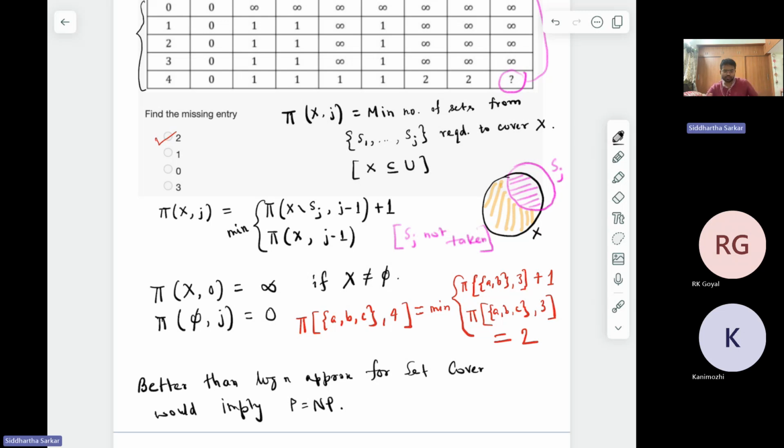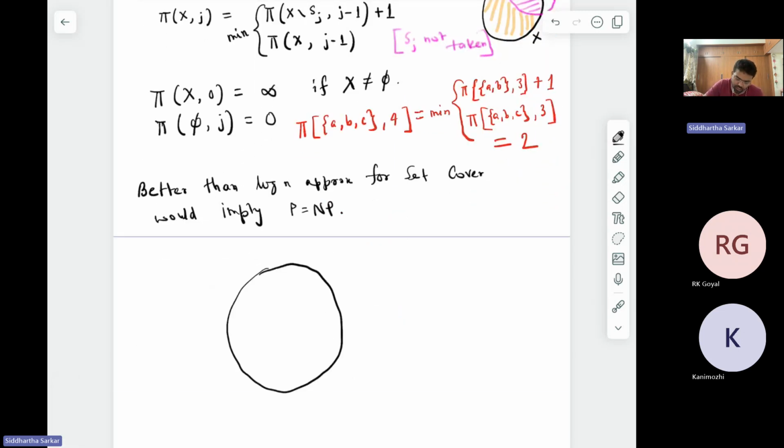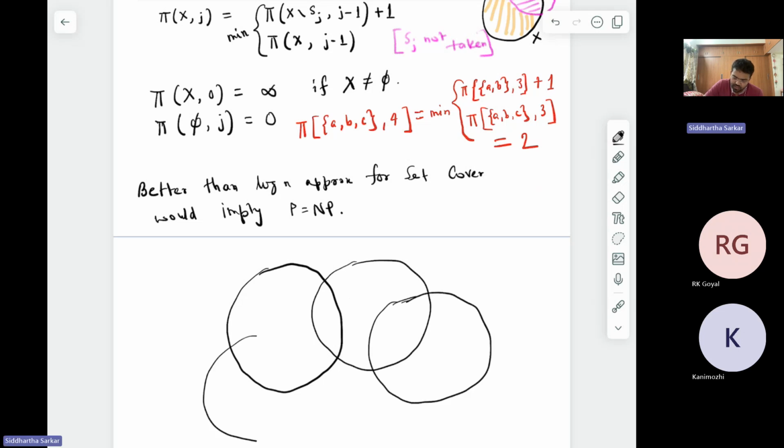But there are set systems for which better approximations are possible. For example, in geometry, if you have set systems defined by geometric objects. For example, say I have a certain set of disks, unit disks, let us say, same sized disks. These are the families, and there are points which correspond to the elements of the universe.